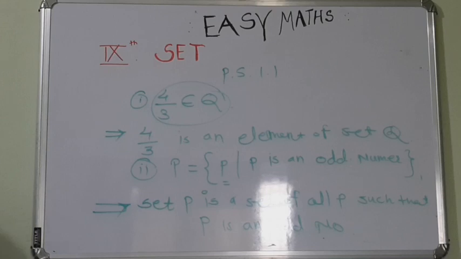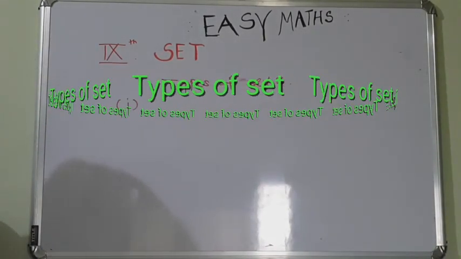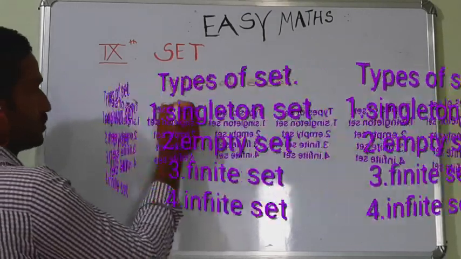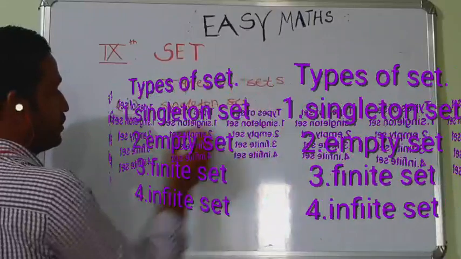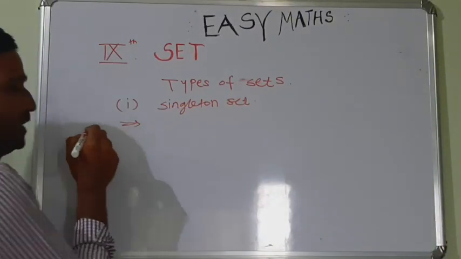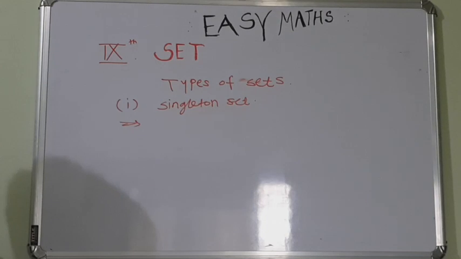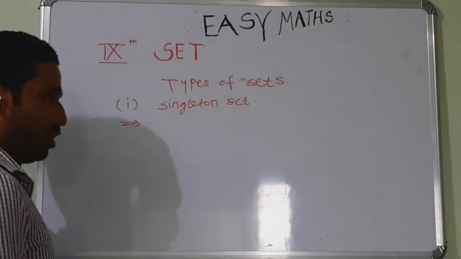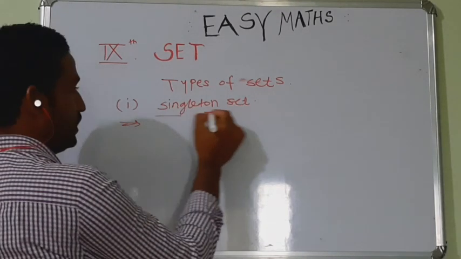Got it? Next one, singleton set. What is the definition of a singleton set? A set which contains only one element, or a set having the number of elements as one, is called a singleton set.